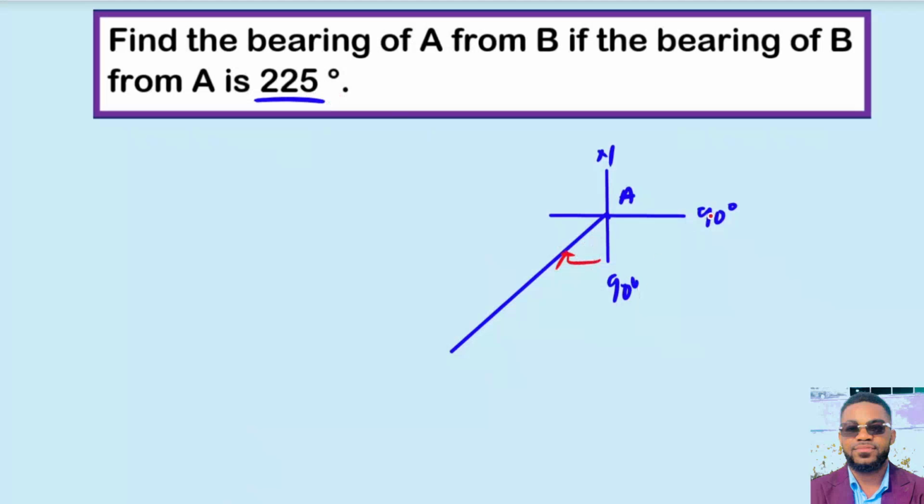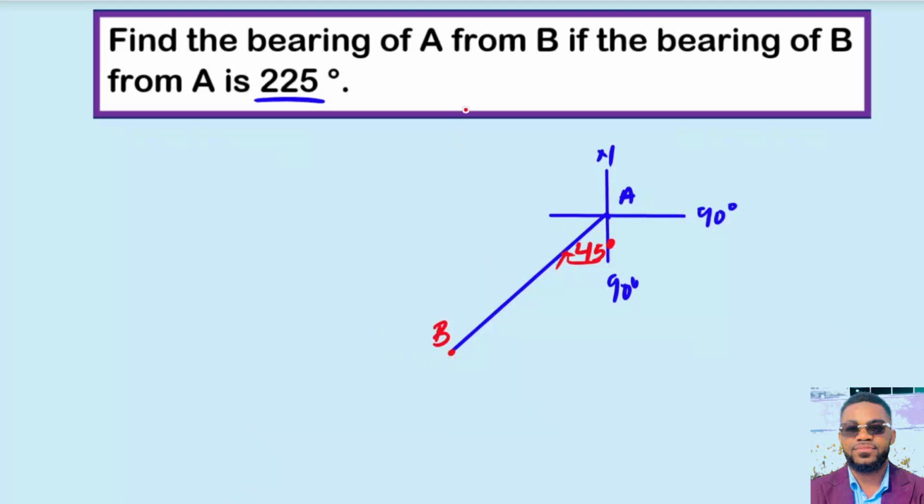We can add 90 to 90 to get 180, then subtract from 225, and that will give us 45 degrees. So 90 plus 90, which is 180 degrees, plus 45 will give us 225 degrees. So we have this one, that is the bearing of B from A. That means we are going to get our point B somewhere here. So that's the point B.